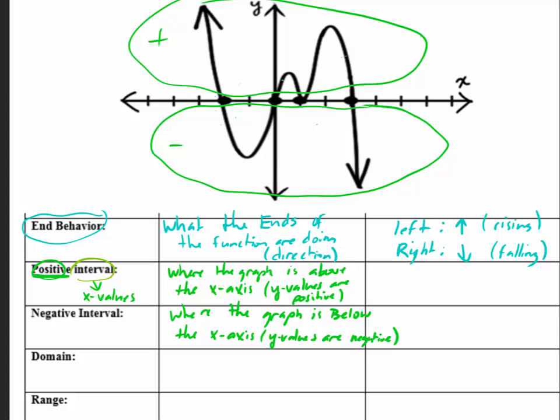So when we're writing these intervals, I'm going to go ahead and make my positive interval green. And one thing that you can think about for these positive and negative intervals is it's kind of like a submarine. That might be a good note to put.